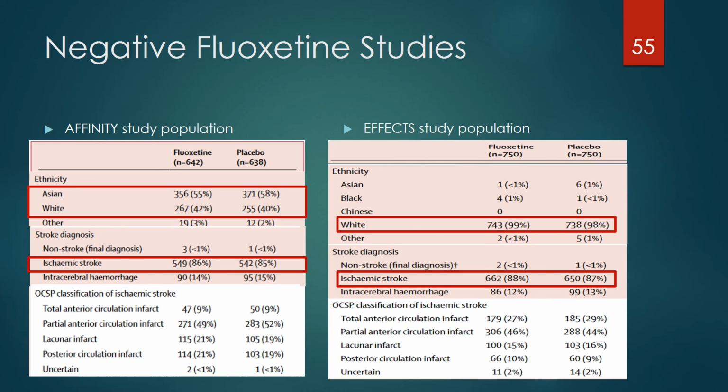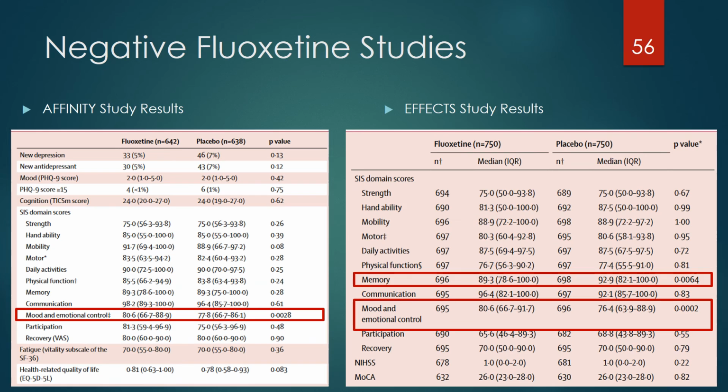You can see the breakdown of the populations. Obviously, AFFINITY was in Vietnam as well, so they had more Asian populations as compared to the EFFECTS trial, which was in Sweden and was pretty much all white. Ischemic stroke was, as is normal, 88% of the patients that were enrolled in these studies.